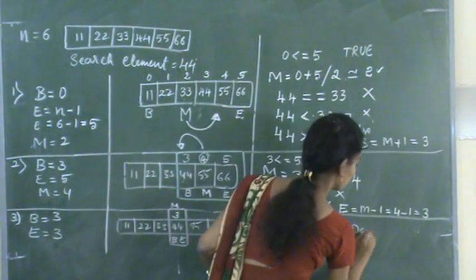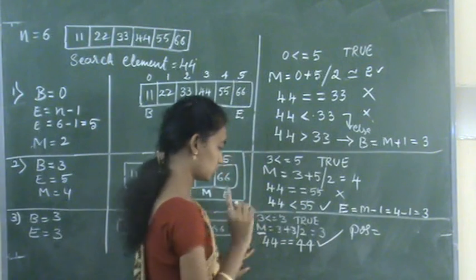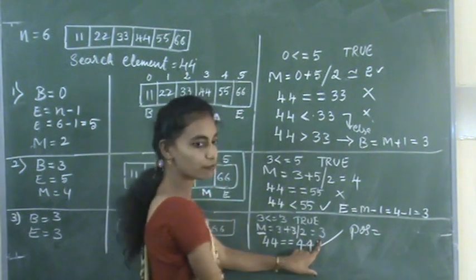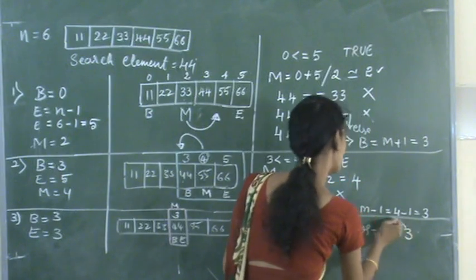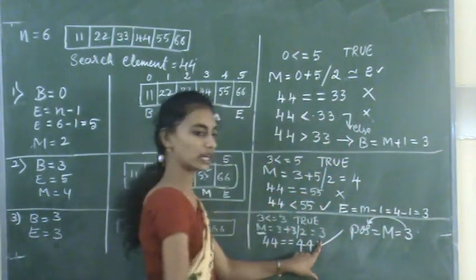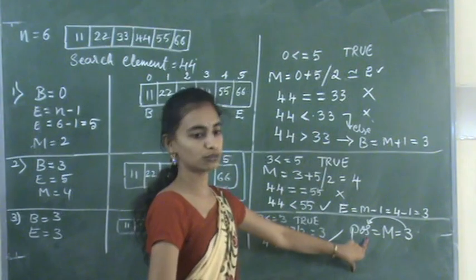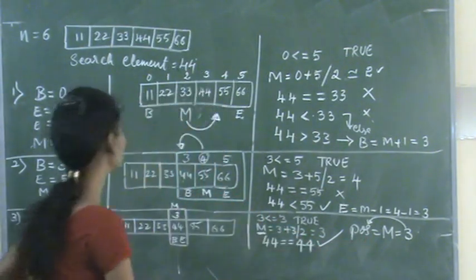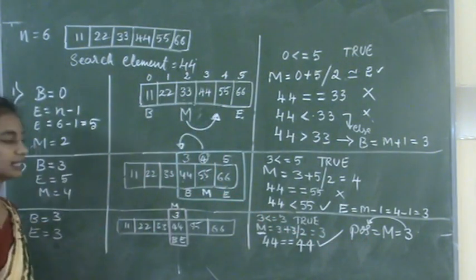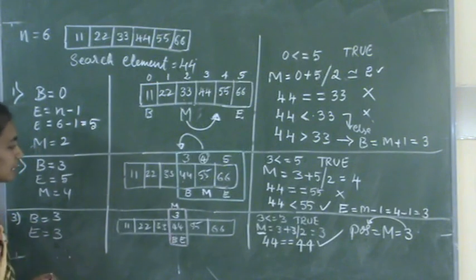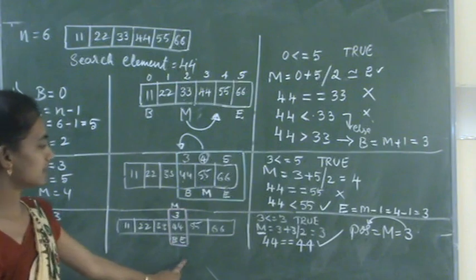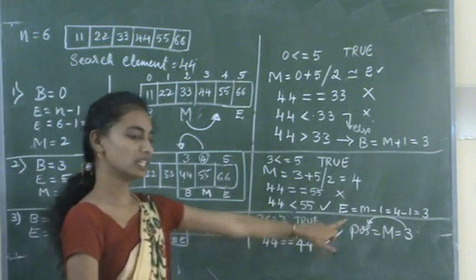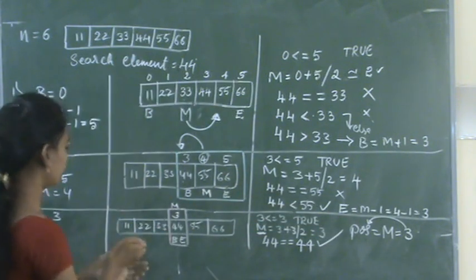So now POS, position equals the value of mid. Mid is 3. So now we are assigning location 3 to the POS variable. Now it prints the result. Therefore, the search element 44 is present at location 3.